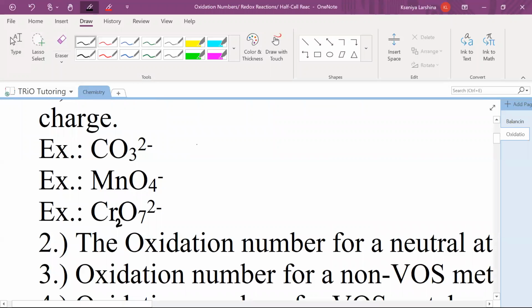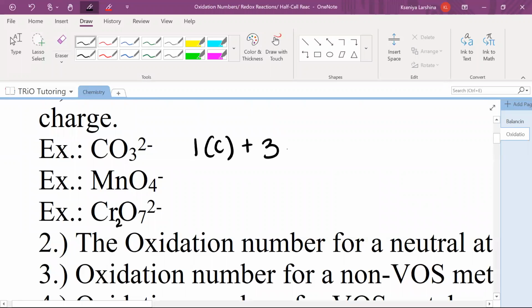So here, we're going to find the carbon oxidation number.